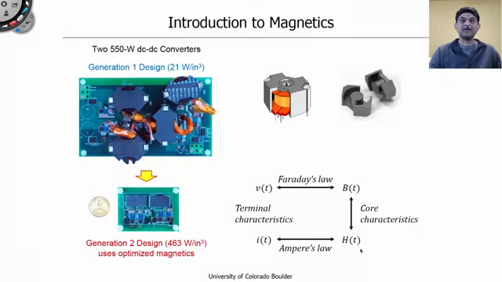2 of the magnetic field quantities that we will repeatedly encounter are shown here. The first one is B, which stands for magnetic flux density.